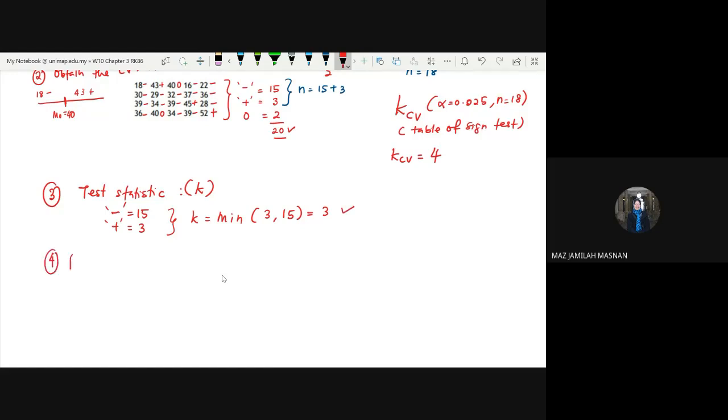Number 4, decision. Since the test statistic K is equal to 3, compared to your KCV equal to 4, it is less, so your decision will be to reject.